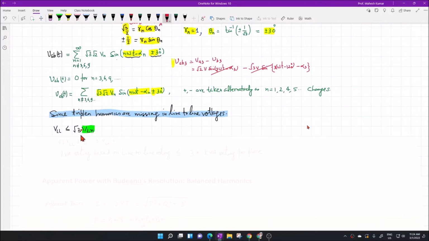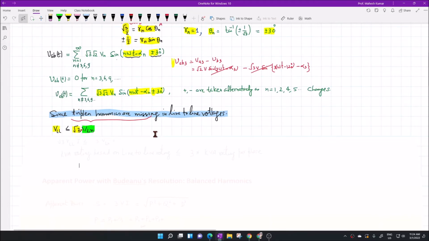But if we have a balanced system with harmonics, then VLL is less than root 3 VLN because triple harmonics are missing. So VLL does not have triple harmonics. However, the triple harmonics are present in the line to neutral voltage. That's why the RMS value of line to line is less than root 3 times VLN.